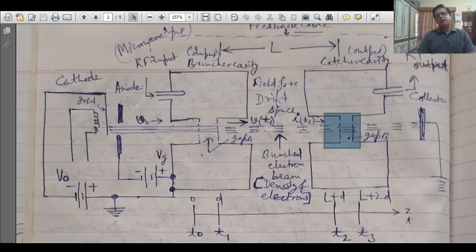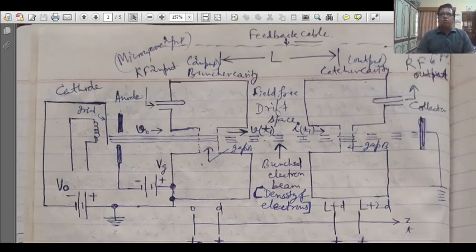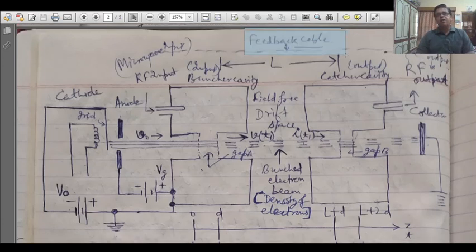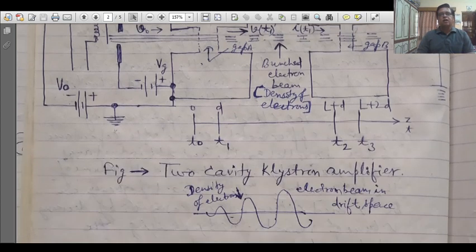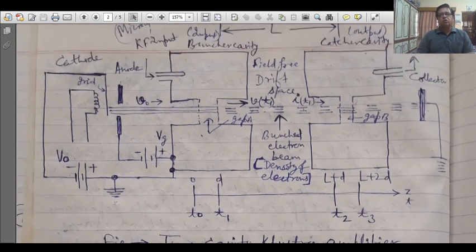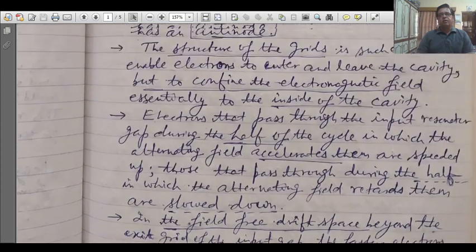After that they cross the catcher cavity and are collected by the collector. Here you can also use a feedback cable if you want to operate it as an oscillator. So this is the diagram for your two cavity klystron amplifier.